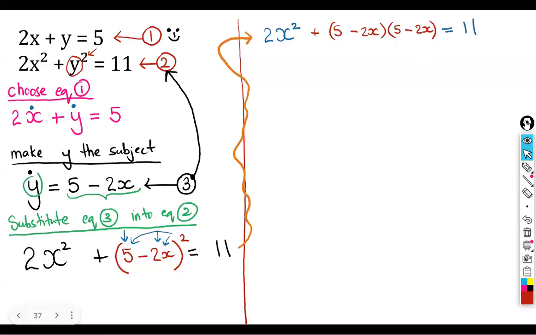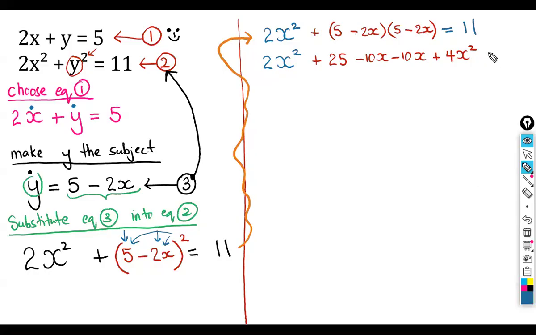Now, I'm not going to be doing the expansion of brackets in baby steps for today's class, because we spent almost 2 hours last week rectifying that. So when you expand these brackets, you might get the 4 values in a different order, but you're supposed to get 25 minus 10x minus another 10x plus 4x squared.